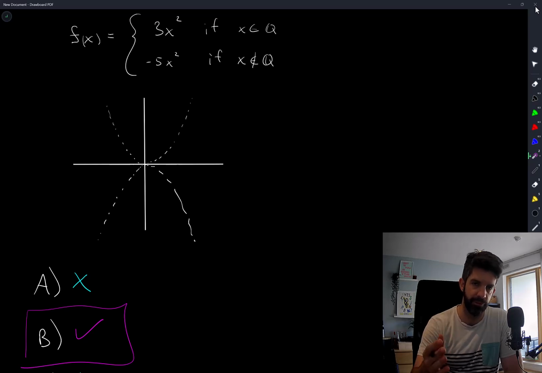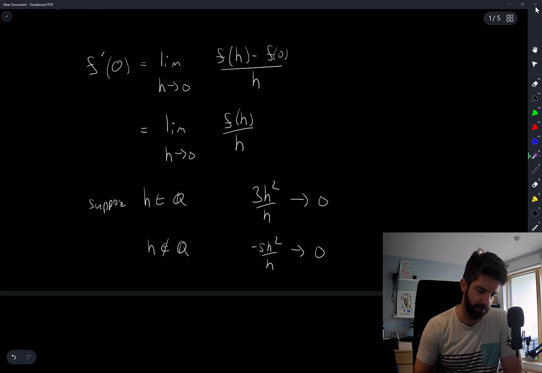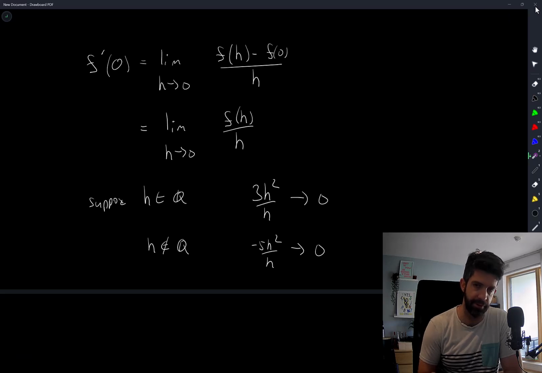Anyway, working it out from the definition shows that this is differentiable at 0. But 3 of the 5 statements can be eliminated very quickly. So yeah, I don't really have much more to say about this one.